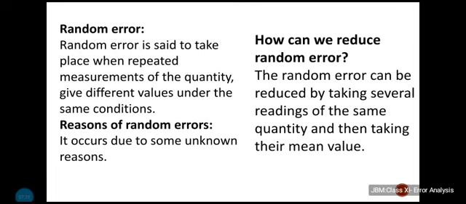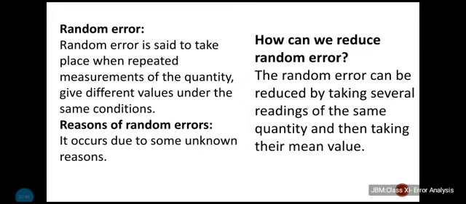Now I would like to go back a little because I would like to tell you how we can reduce these errors. Using instruments of higher precision and improving experimental techniques, we can reduce the least count error.